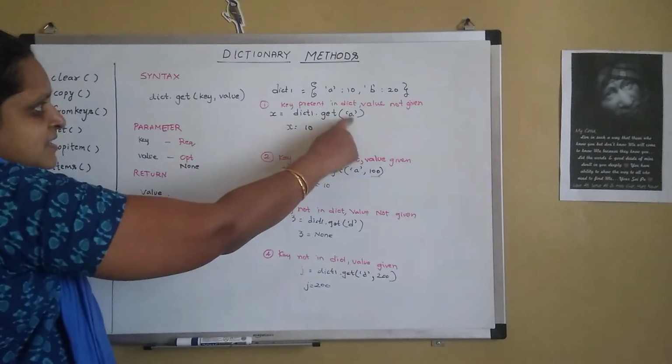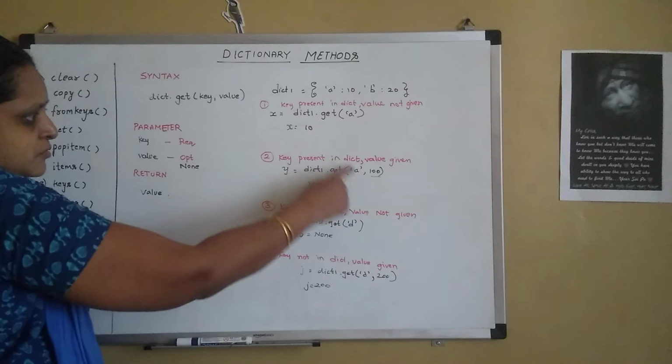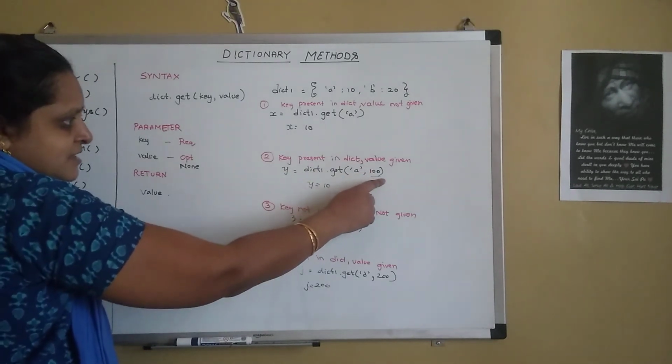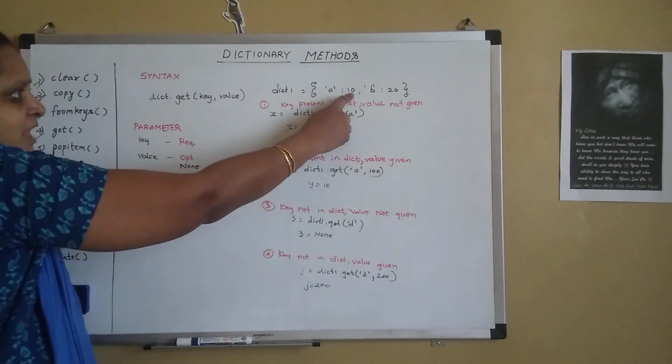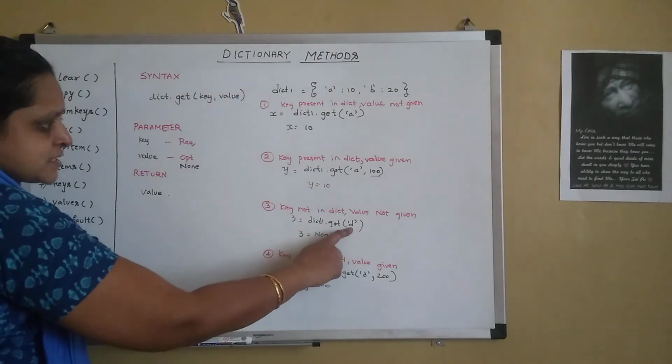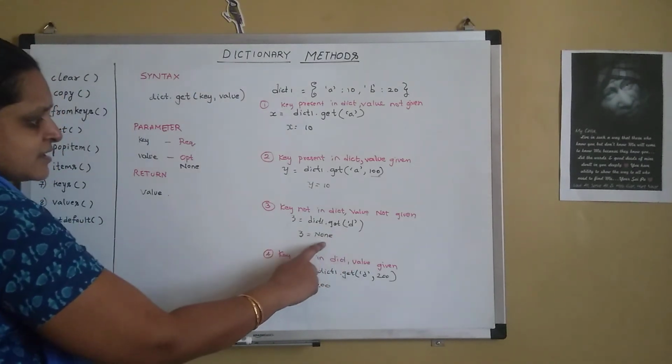If the key is present, it will retrieve that particular value. If the key is present and the value also has been given, it will disregard this value and give the value present in the dictionary. If the key is not present and the value has not been specified, it will give None.